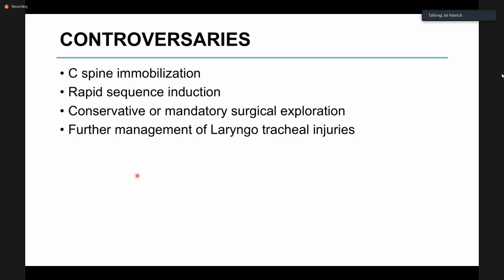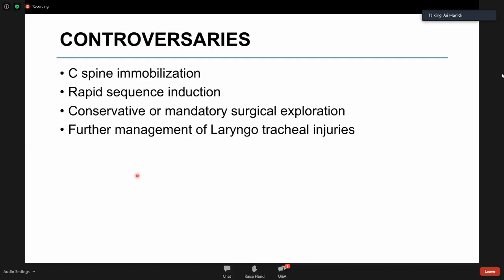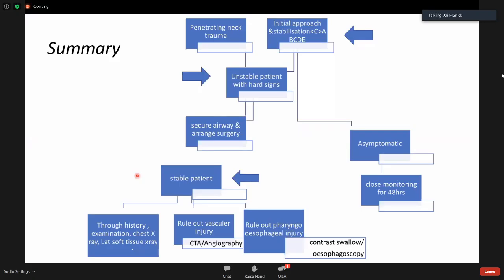CT angiography is the most basic and first line of investigations. If everything is stable, it doesn't need any, and could be managed conservatively. Laryngeal injury management is always a debate. What is the best way, whether a plate or stents, or when do you repair these things? So it's always there. So coming to the summary.